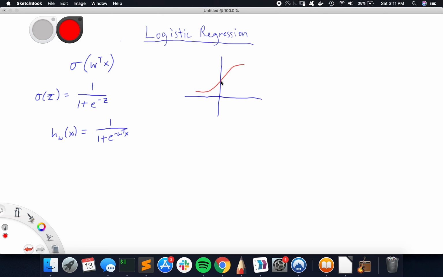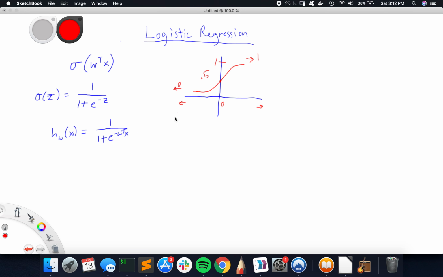You can see when it intersects 0 here, it gives you a value of around 0.5. As you go towards negative infinity, the value of the sigmoid goes towards 0, and as x goes towards positive infinity, the value of your sigmoid goes towards 1.